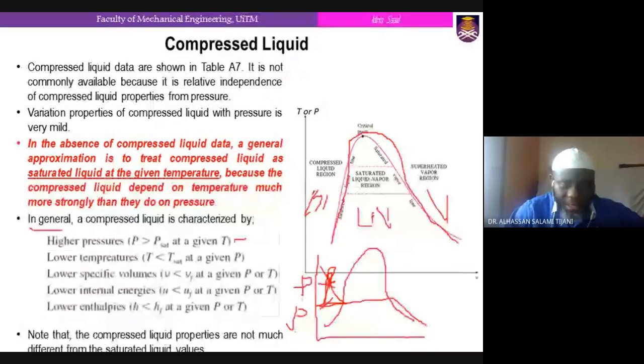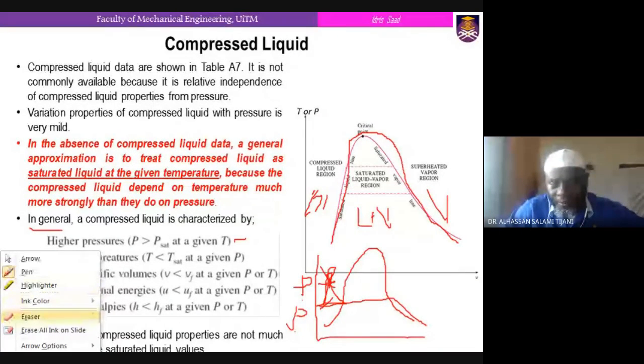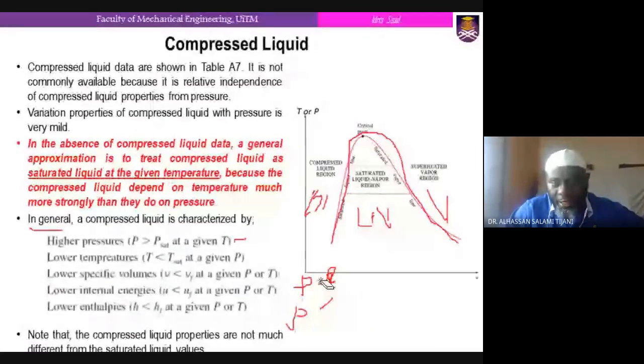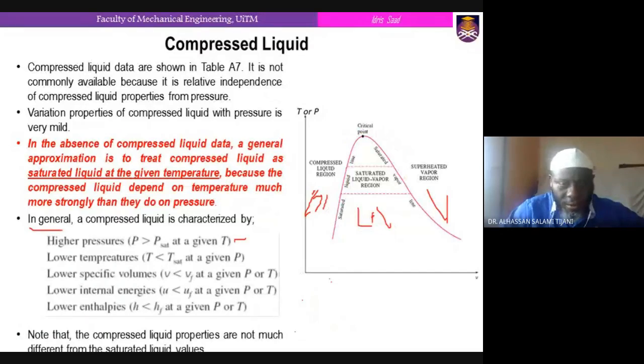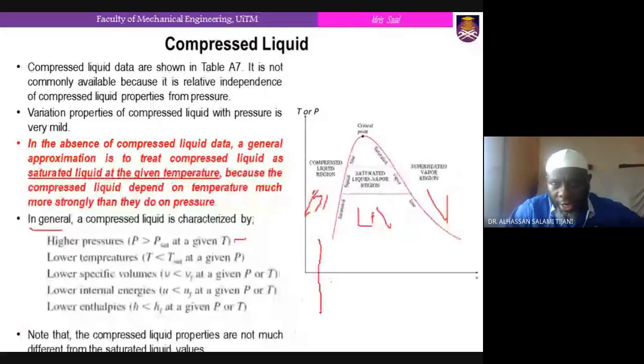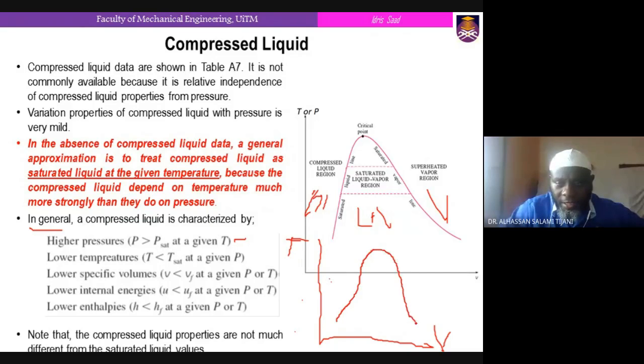For example, let's say on a TV diagram, a temperature-volume diagram like this, this is the saturated liquid and saturated vapor lines.